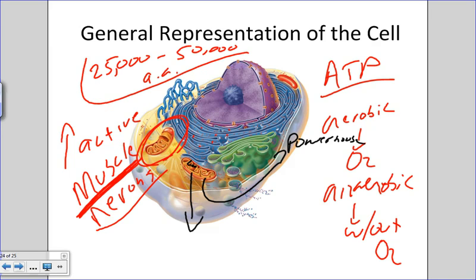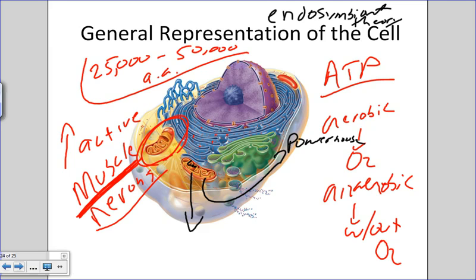There's a theory called the endosymbiont theory that describes the beginning of where these complex animal cells came from, from the fusion of a mitochondrion and other parts to make a cell. I'm not going to talk about that because it's not really relevant to this topic, but it's something interesting. Look it up, the endosymbiont theory. I'll write that down for you. So that's what mitochondria do for you.